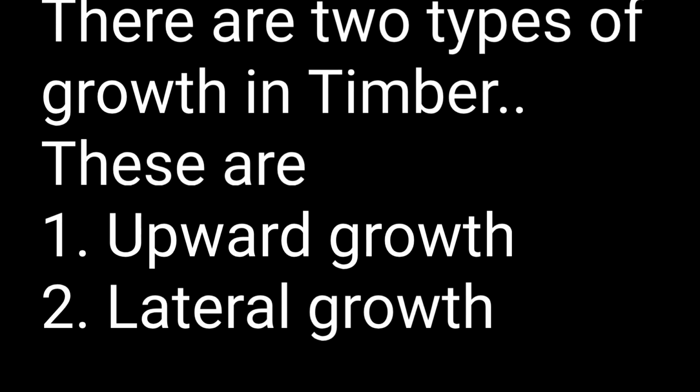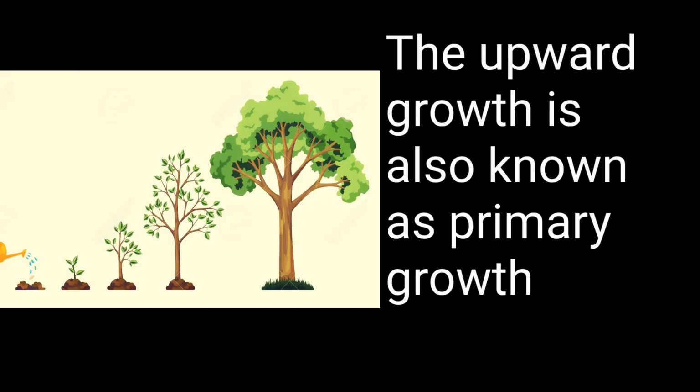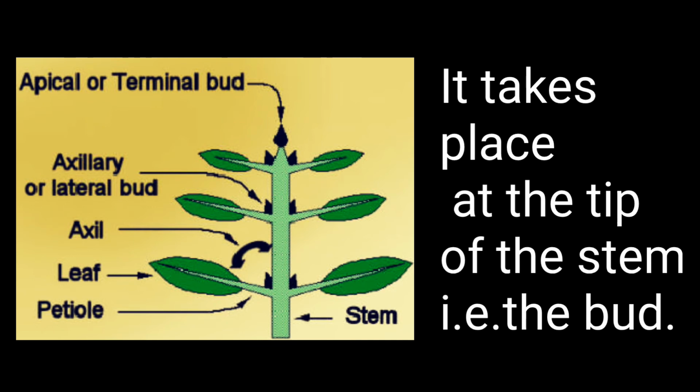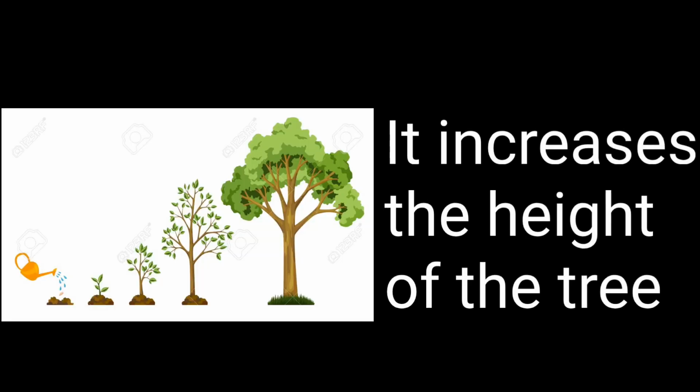There are two types of growth in timber. These are upward growth and lateral growth. The upward growth is also known as primary growth. It takes place at the tip of the stem, that is the bud, and it increases the length or height of the tree.